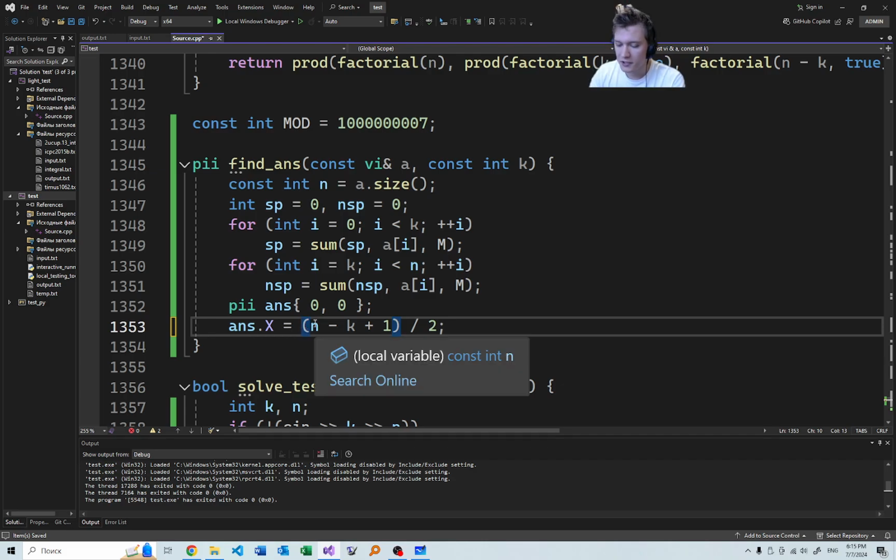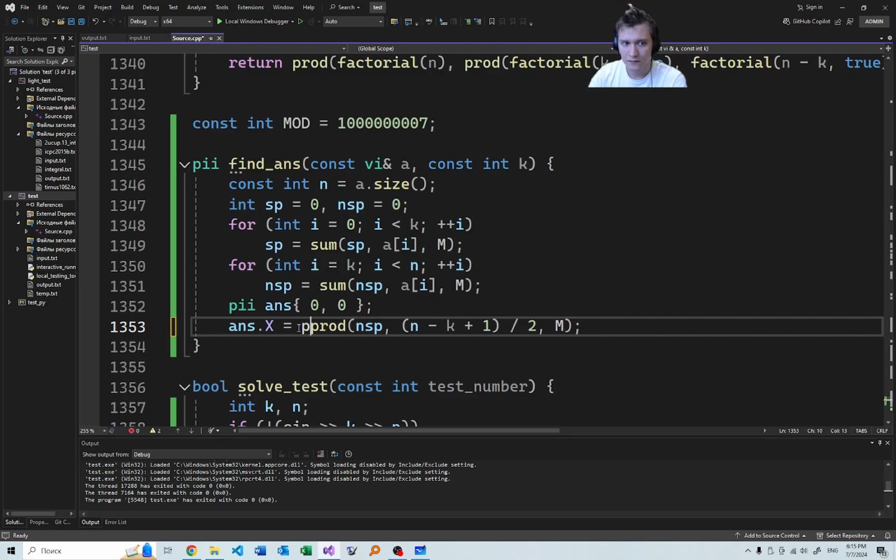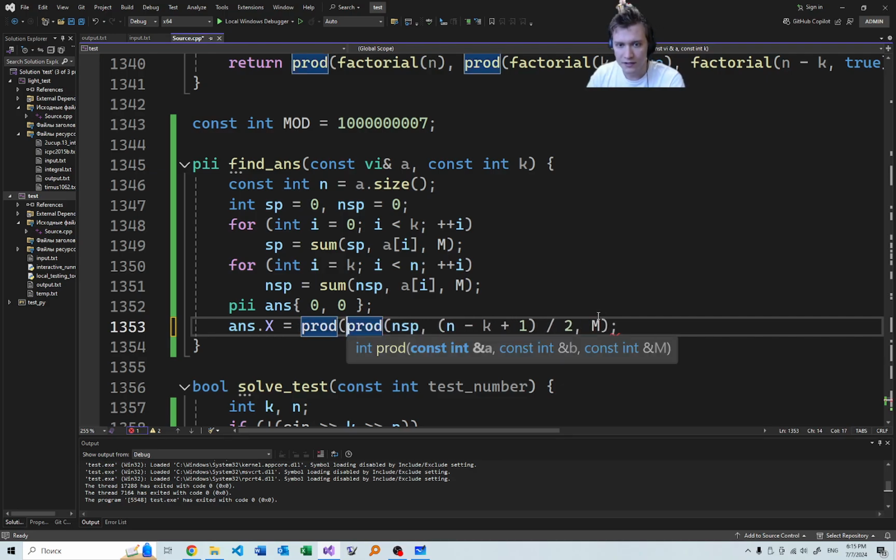So we need to multiply nsp by this number and divide it by n minus k.